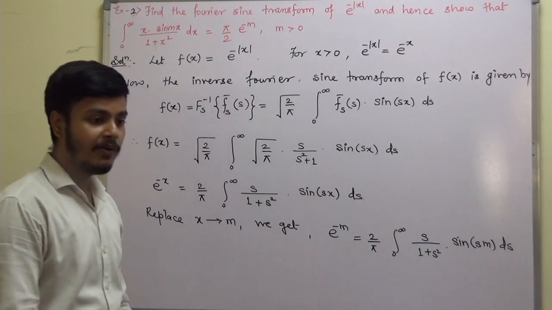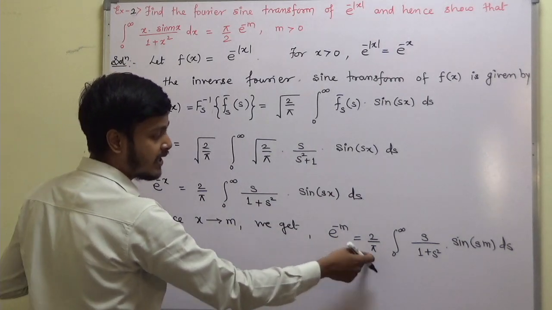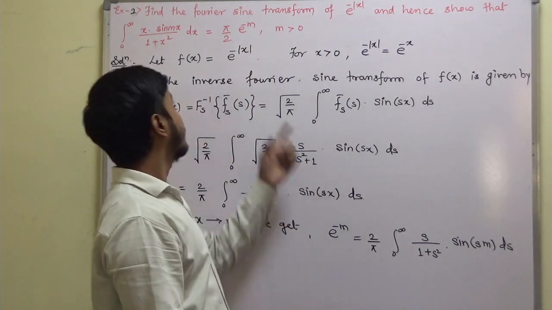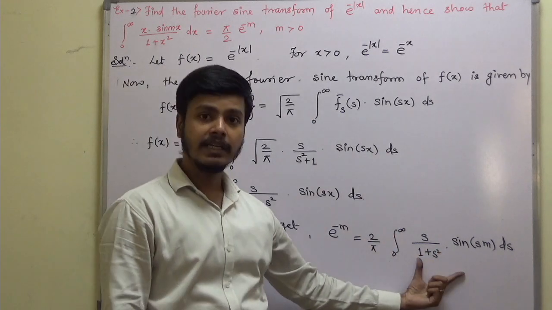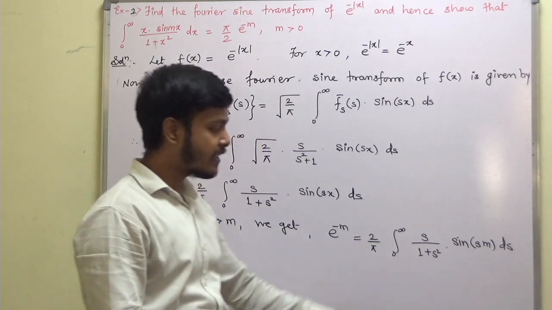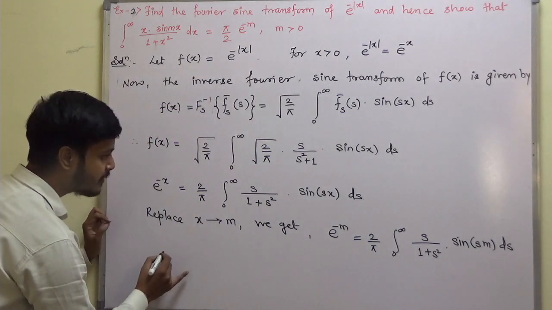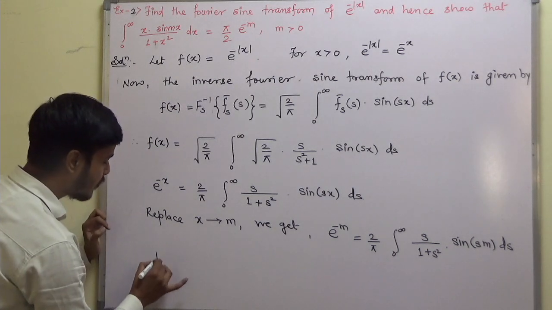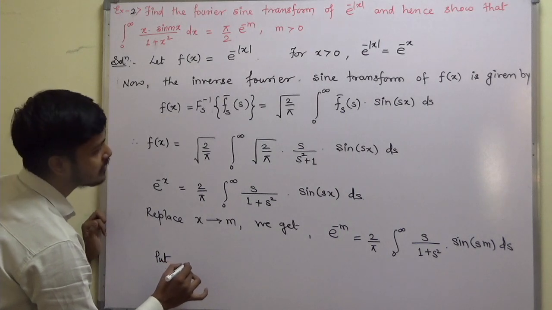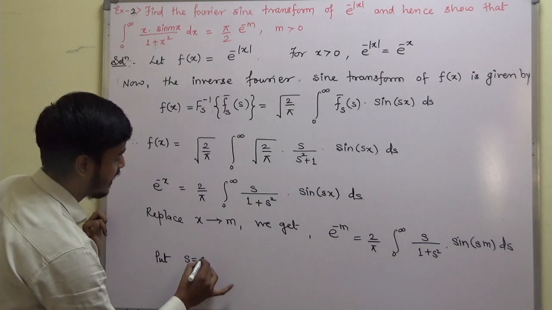Okay, now just take this to here. So the moment you take this to here, this would be pi by 2 e to the power minus m. That's okay. Now this is a definite integration, and in the definite integration we can change from one variable to another, but for the sake of our convenience I am just doing it. Put s is equal to x.